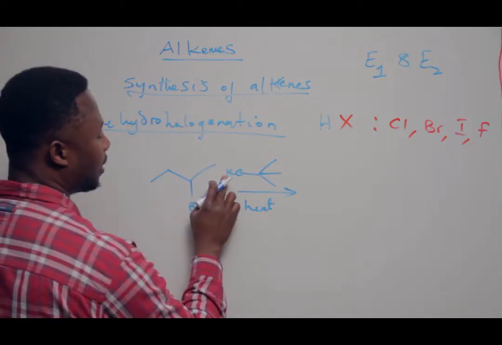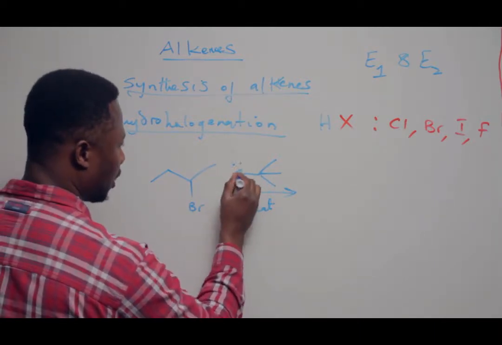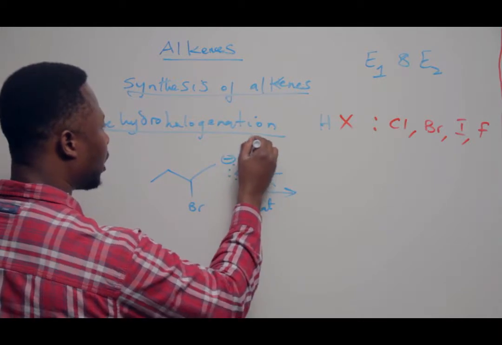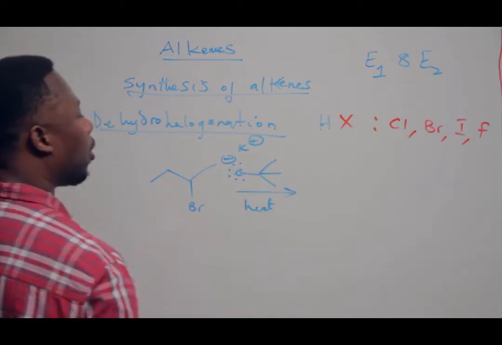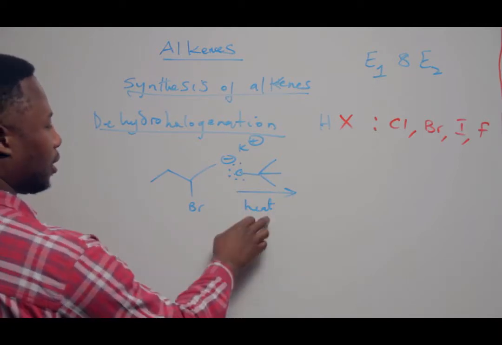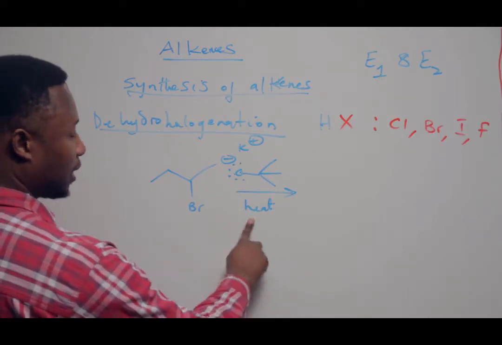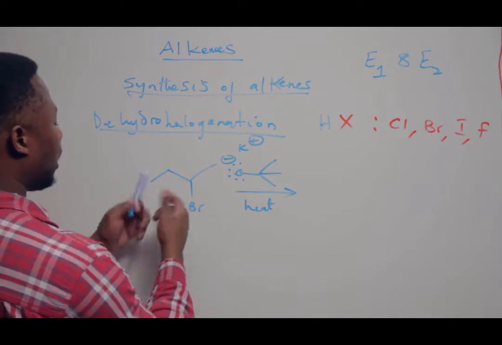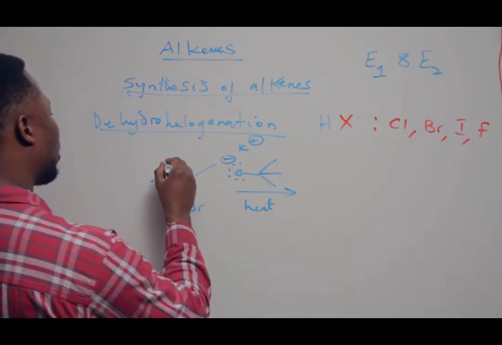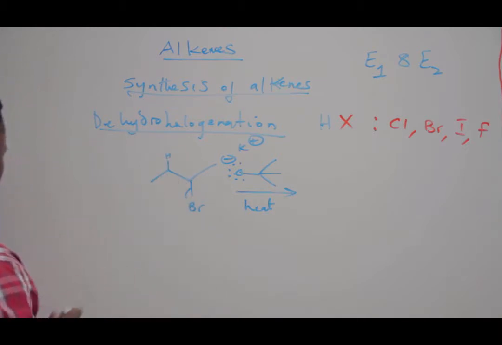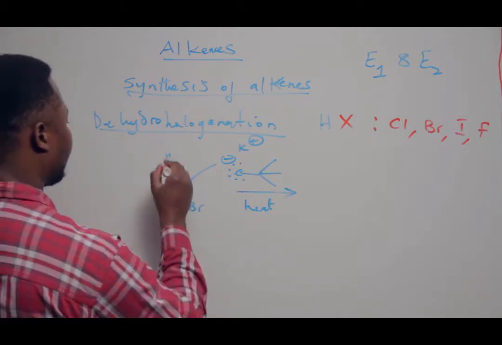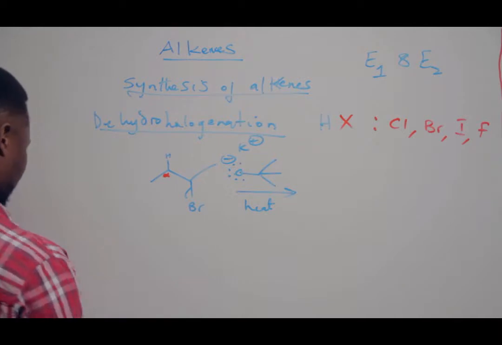If you want to make this into a base, immediately just break it apart into its counter ions. Once you break it apart, you see that this is a very strong base. Under basic conditions and this heat, you're going to have this leave and automatically make the E2 elimination, because this is your alpha hydrogen.